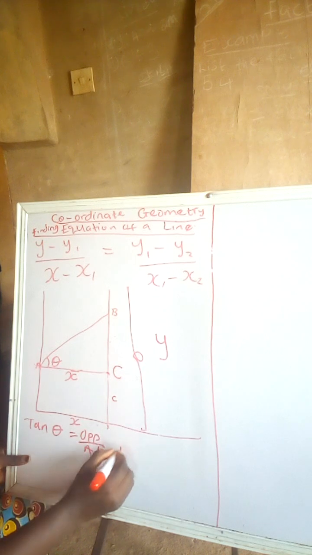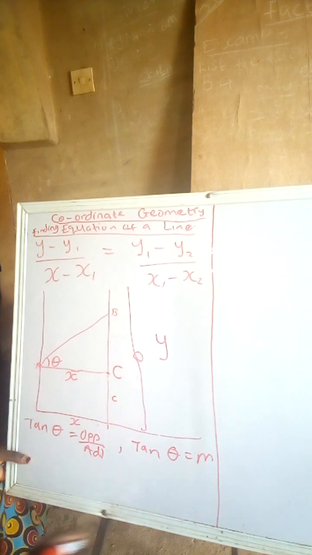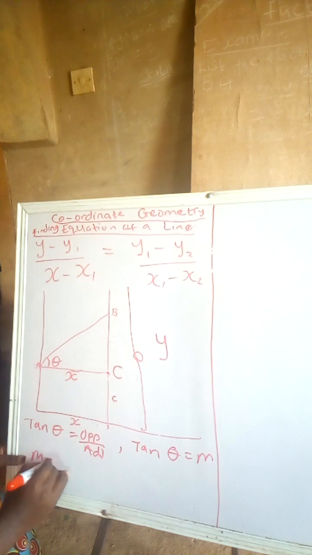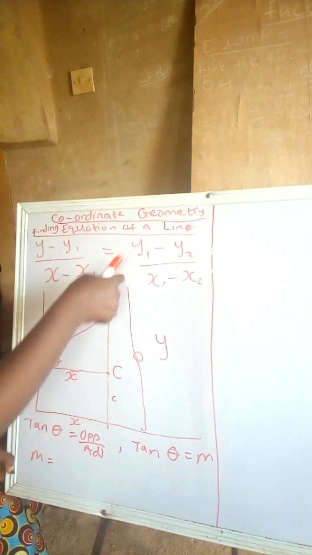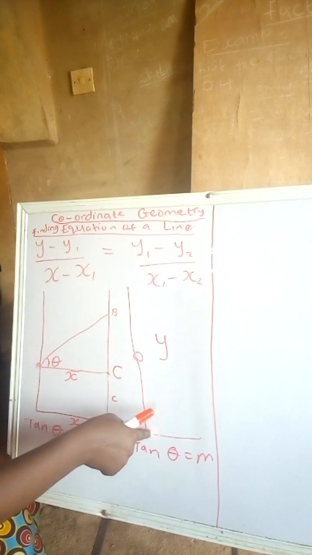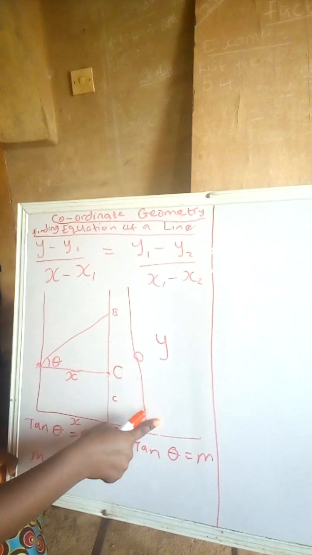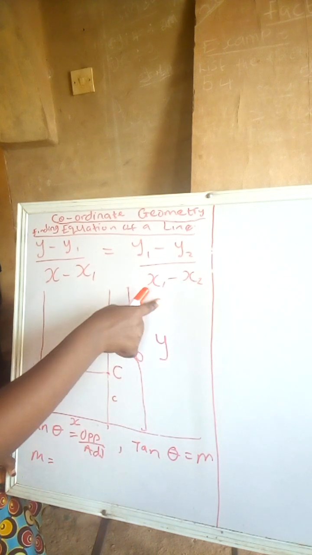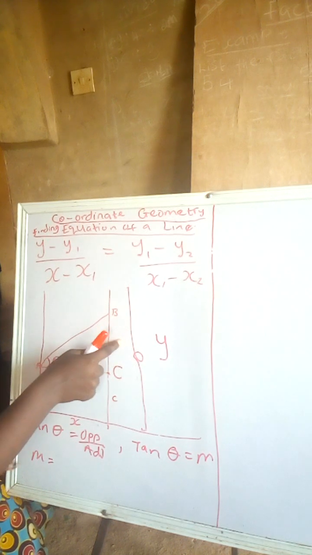Now, our tan theta is equal to m. So m is equal to opposite over adjacent. What is our opposite? We don't know. So everything here is our opposite. That's y is the opposite. But in this triangle, I'm looking for this place.